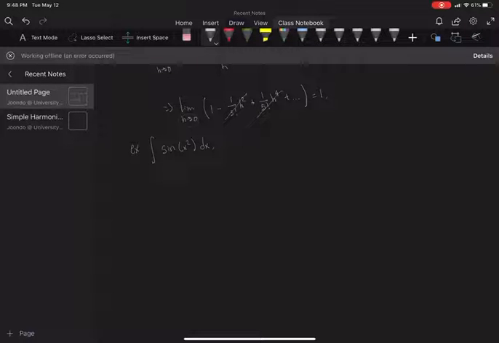So let u be x squared, such that sine u is equal to u minus 1 over 3 factorial u cubed plus 1 over 5 factorial u to the 5th plus o of u to the 7th. And I'm going to introduce this notation right over here.